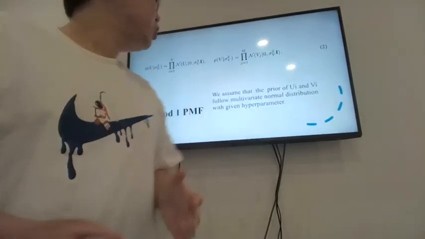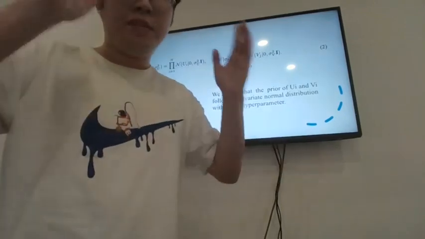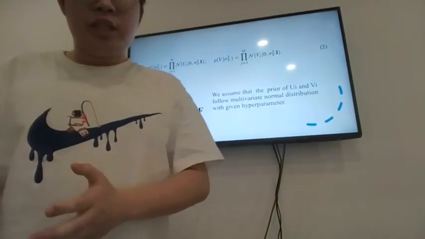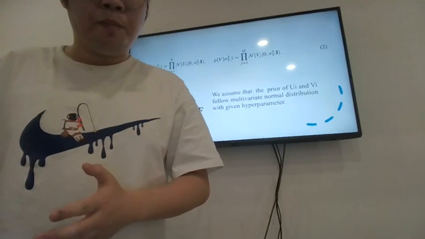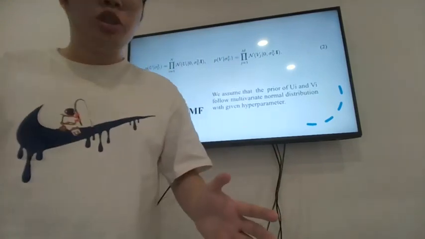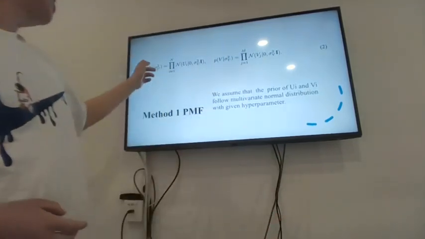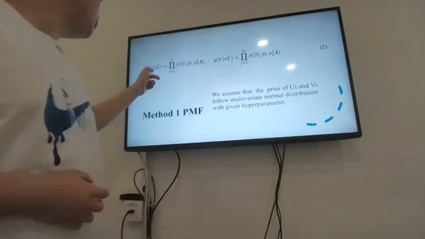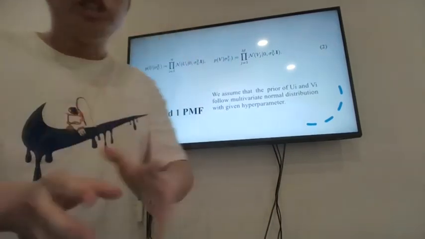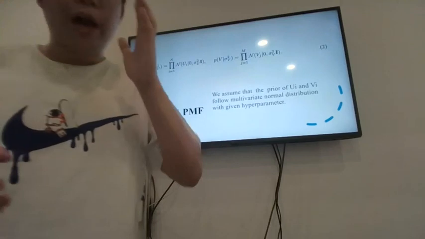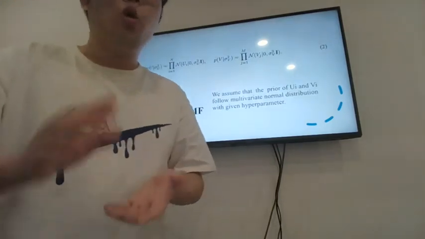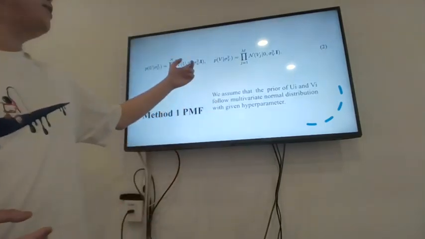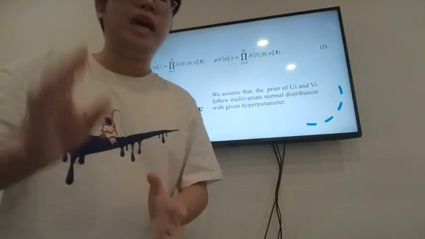One method to do this factorization is PMF, probabilistic matrix factorization. Under this approach, we assume that each column of U and V follows a multivariate normal distribution with mean vector 0 and a given covariance matrix with a hyperparameter.